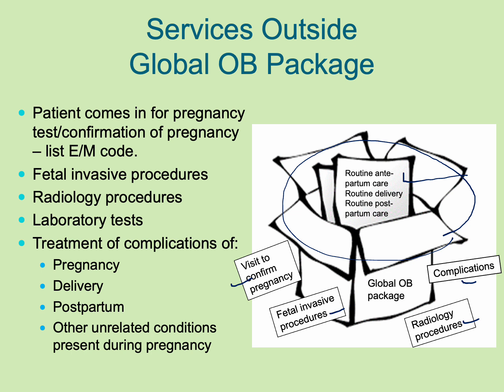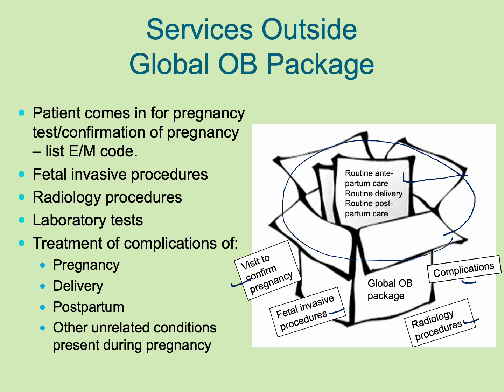So these include the patient comes in for a pregnancy test or confirmation of the pregnancy. You can list the E&M service. Now, the patient may get prescribed vitamins at this time. You make the next appointment for the first global appointment, but this is not part of the global package.